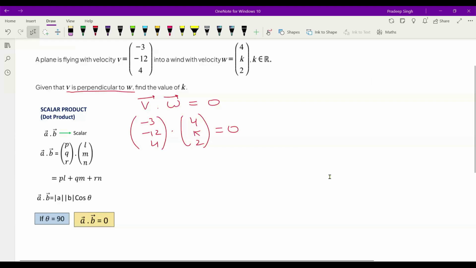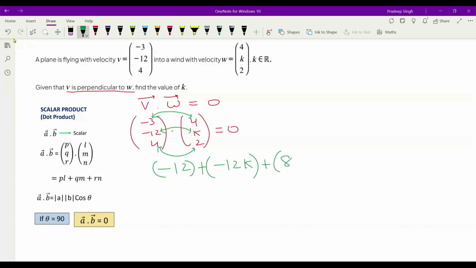Now to find the dot product, all we need to do is multiply the x components together. -3 into 4 will give us -12. Then multiplying the y components together, -12 into k will be -12k. And then multiplying the z components, 4 into 2 will get us 8. And then we add all these numbers. And this is the dot product, which is equal to 0.